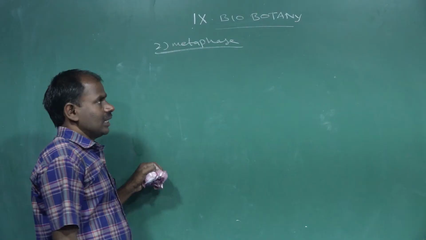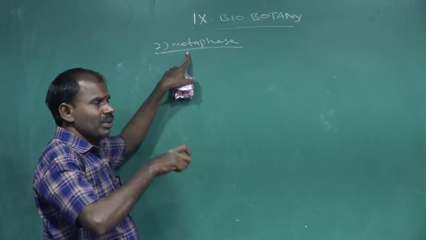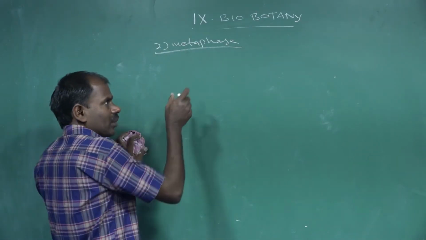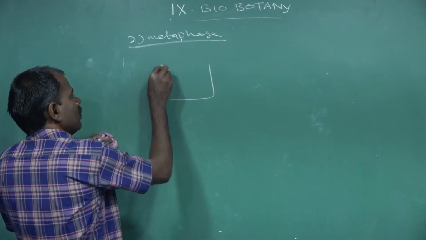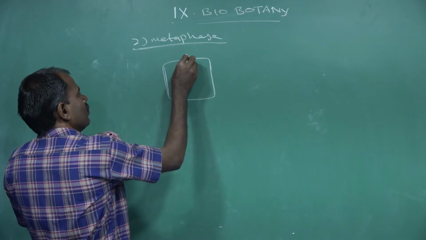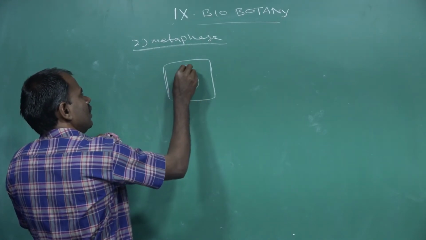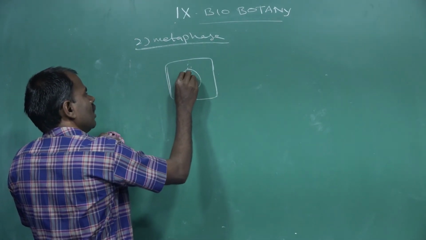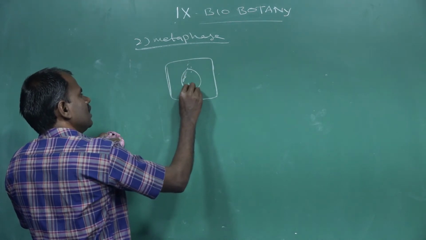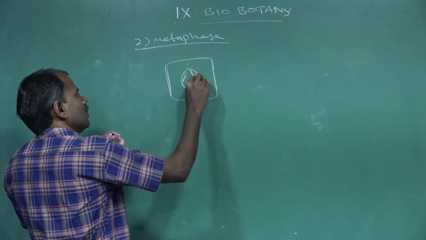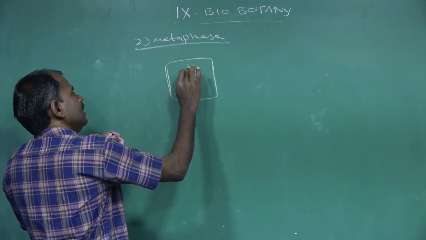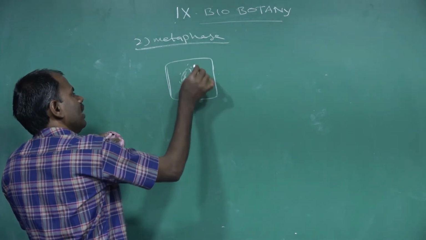Next stage is metaphase. After completion of the prophase stage, spindle fibers are assembled in the nucleus. The nuclear membrane disappears.